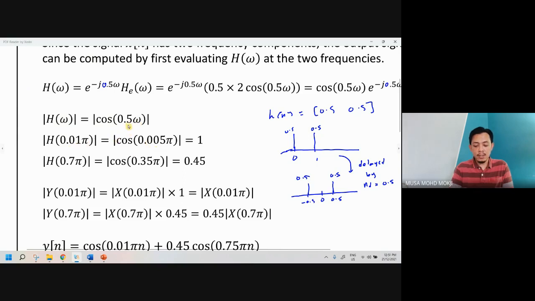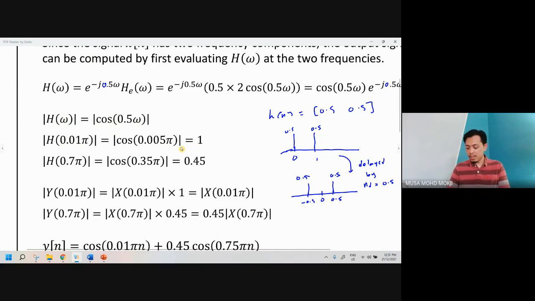So then we get 0.005, because this is 0.5. Okay, so do that. So this is a cos 0.005 pi, and then you'll get somewhere equals to 1.